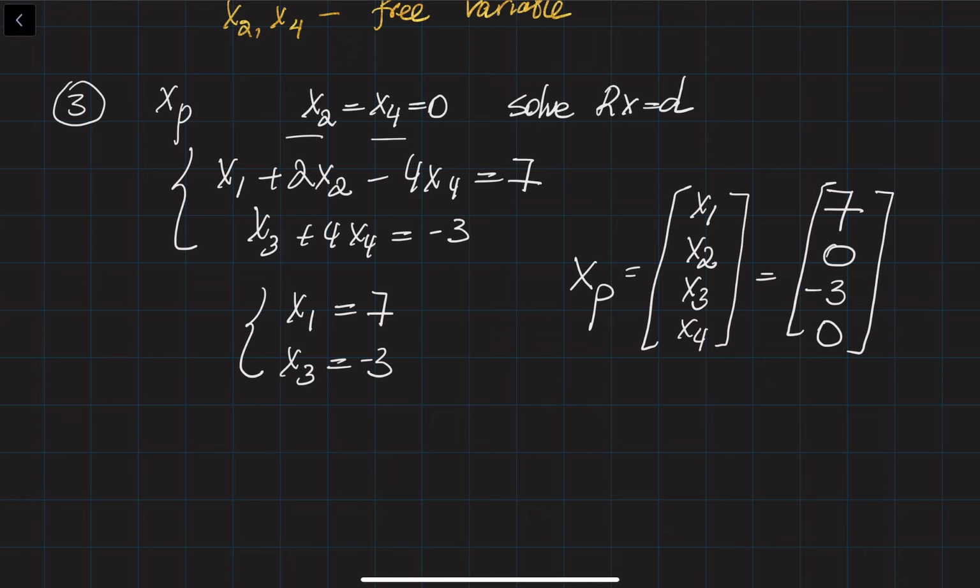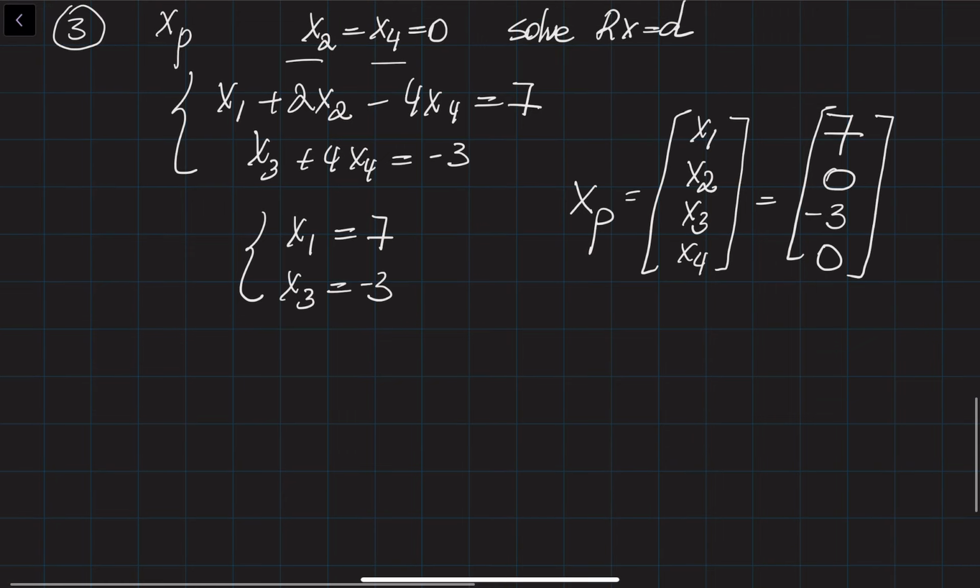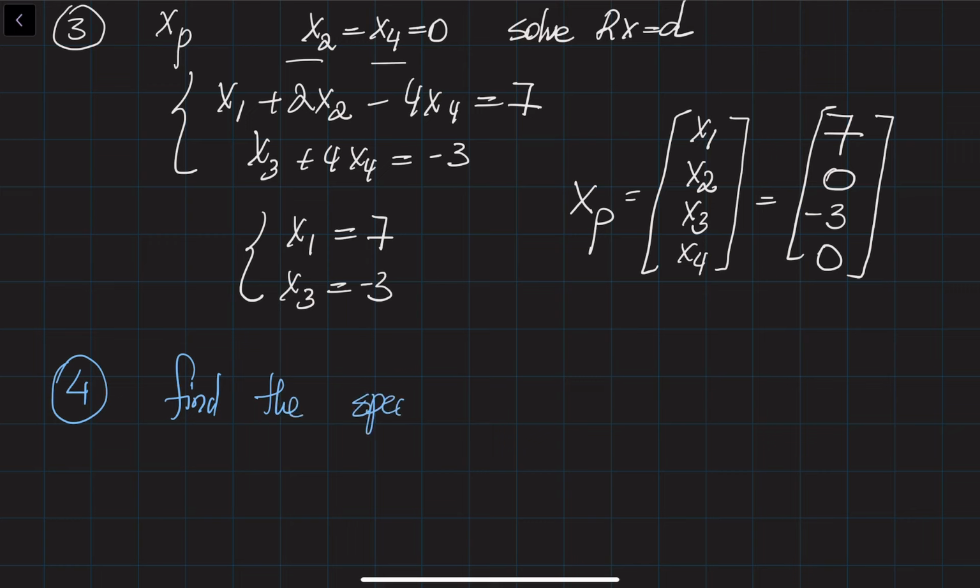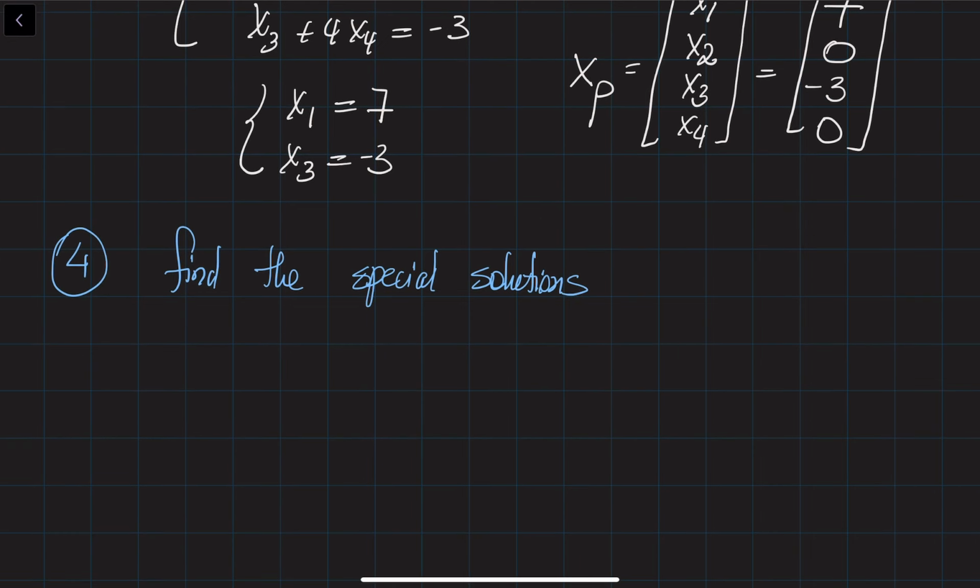Now we need to find the special solutions. This is step number 4. Again, the number of special solutions is going to be the same as the number of free variables. So we've got two free variables, x2 and x4, right?